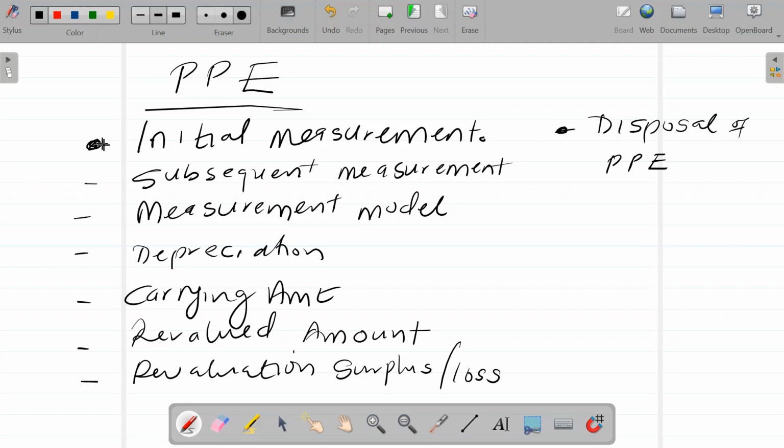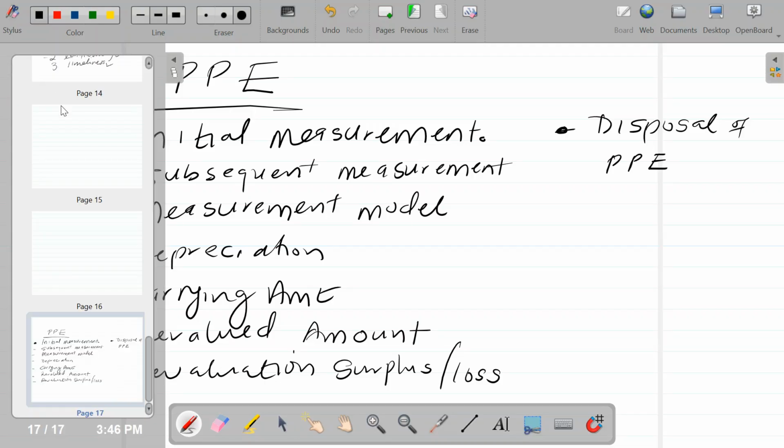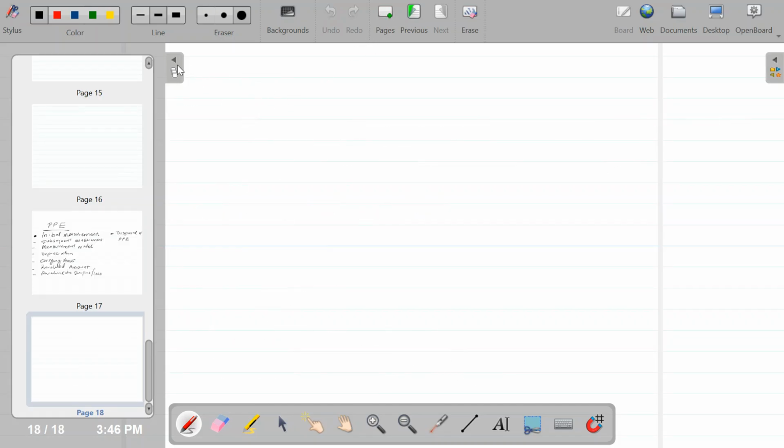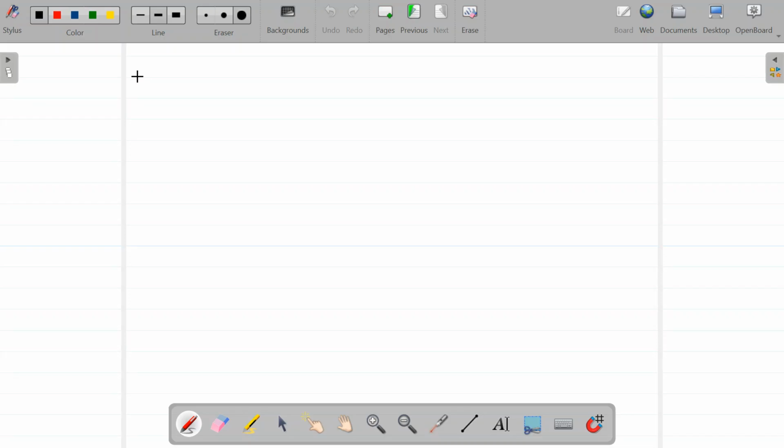So let's look at the initial measurements. We are going to use an example to help us understand. Assuming that we are a business, company XYZ. They have bought a new factory machine.